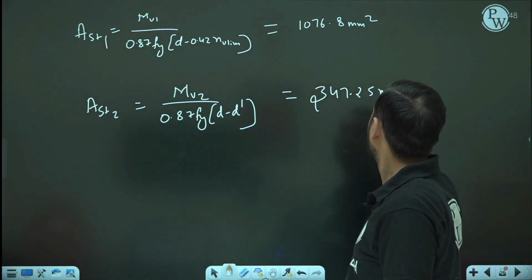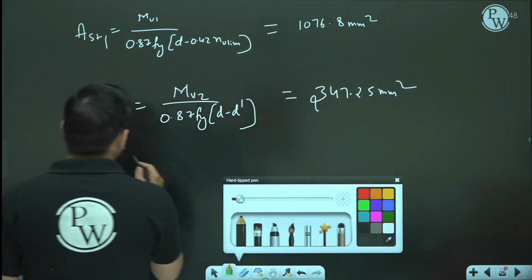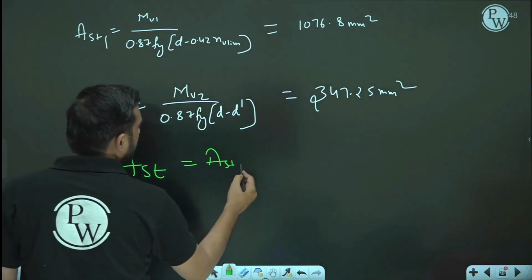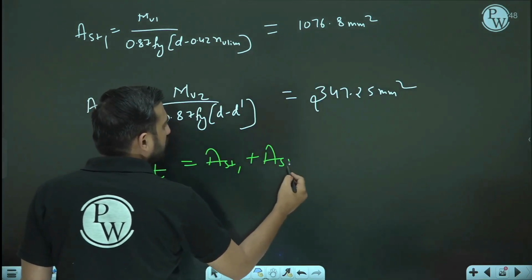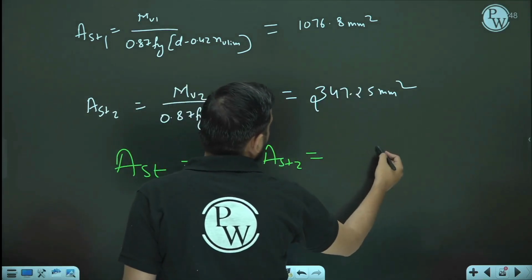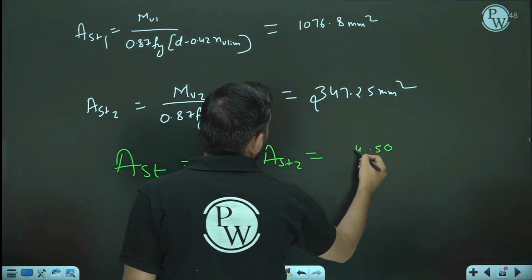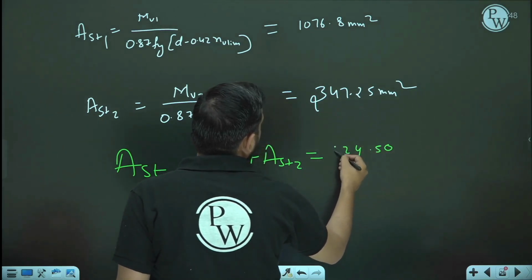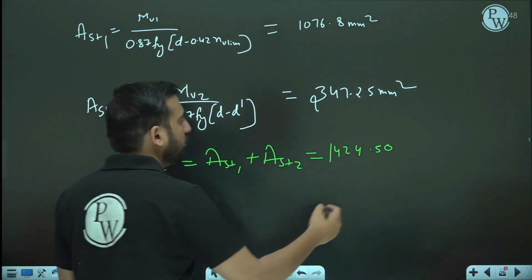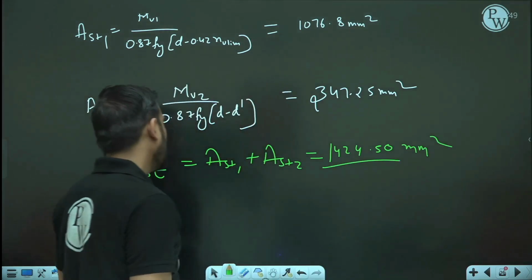mm square. So the net tensile reinforcement Ast is equal to Ast1 plus Ast2, so it is 1424.5 mm square.